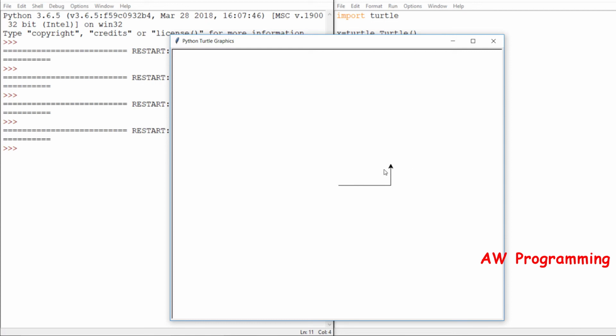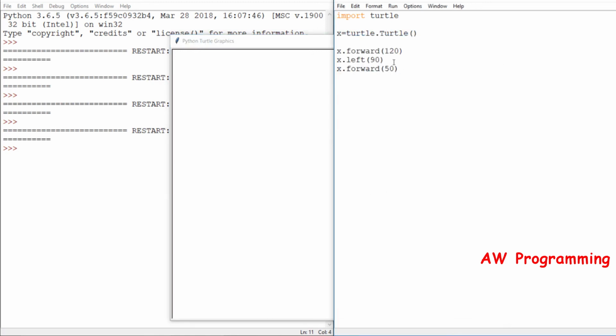Since we know this side is 120 and this is 50, to find this angle x, x will be equal to tan inverse of 120 upon 50. I have already calculated it. It will come out to be 67.3805.